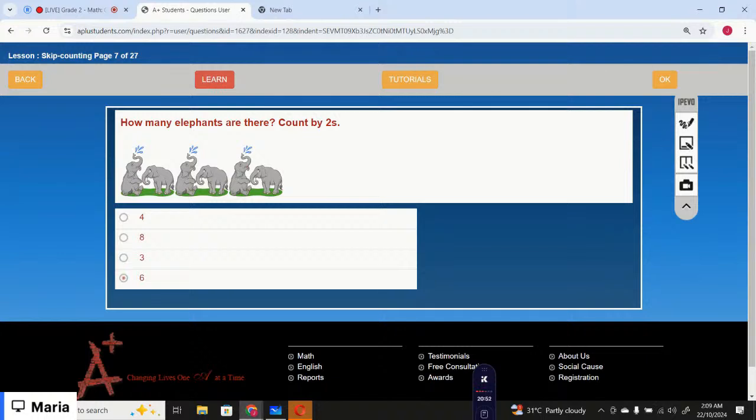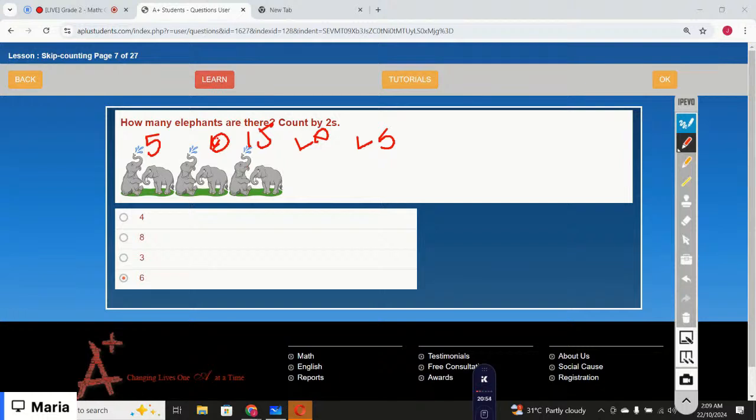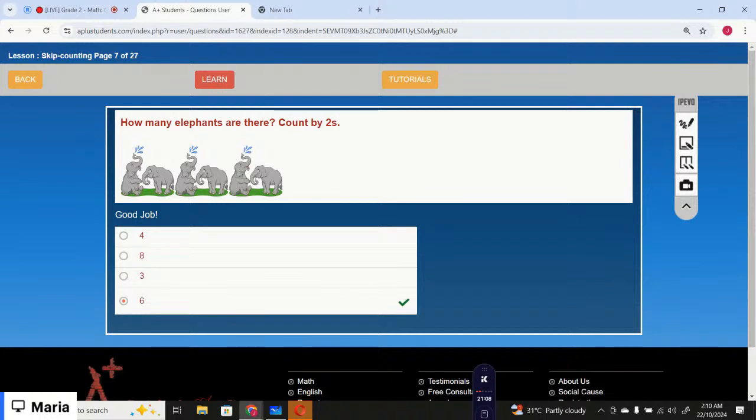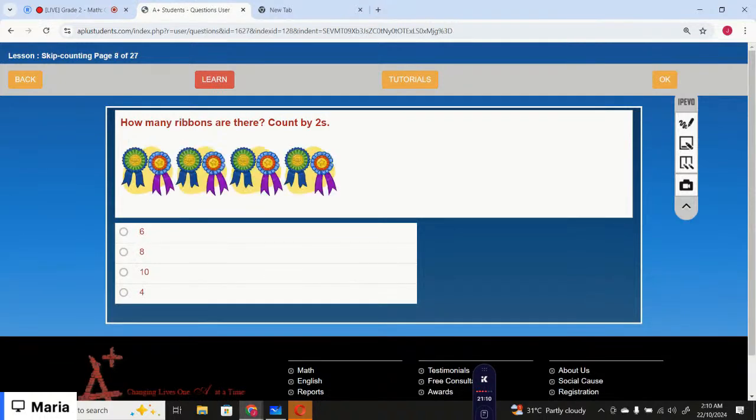There are 6 elephants. The correct option is 6. Okay, how many ribbons are there? Count by 2. So, which is the correct option?